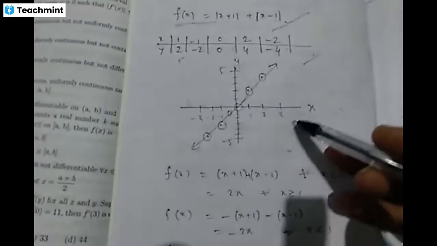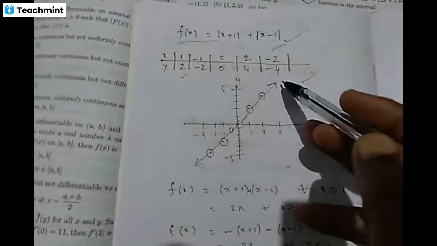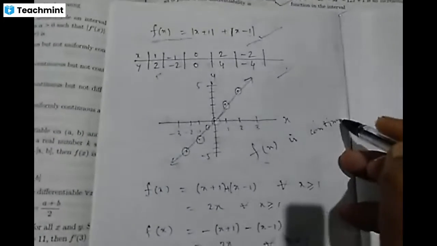Now if we put them in the coordinate system, then we will get a straight line. Since this is a full line with no break, f(x) is continuous. This is confirmed. Now we have to find out whether f(x) is differentiable or not.